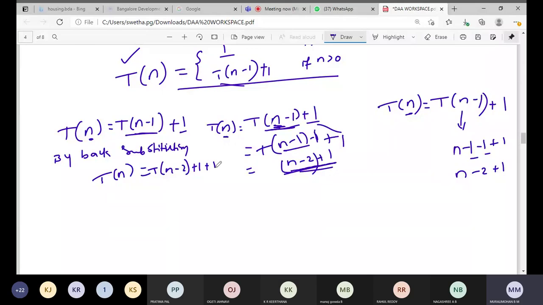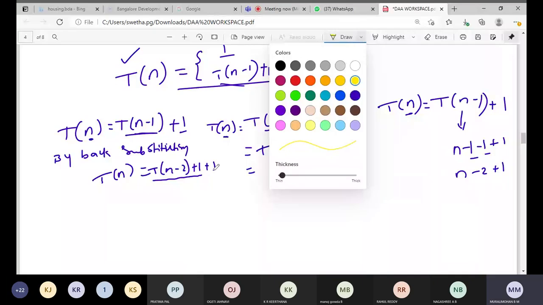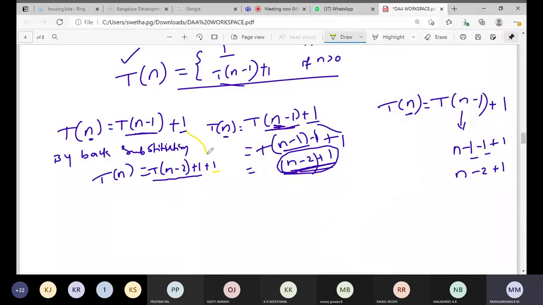Is it clear how we got this? When we apply backward substitution, we are getting this one, and this one directly we are bringing the previous value. Am I clear? Kindly respond, please. Yes, sir.